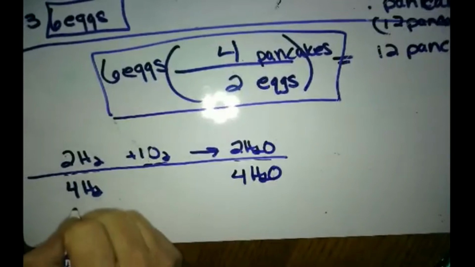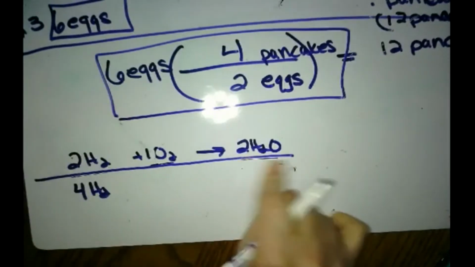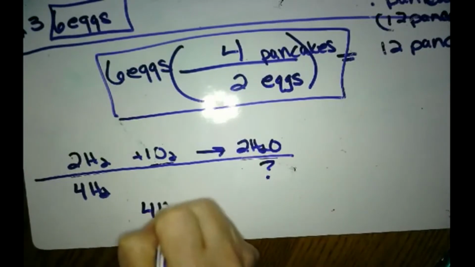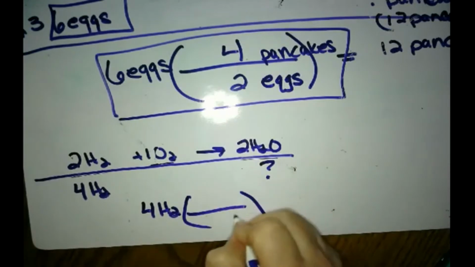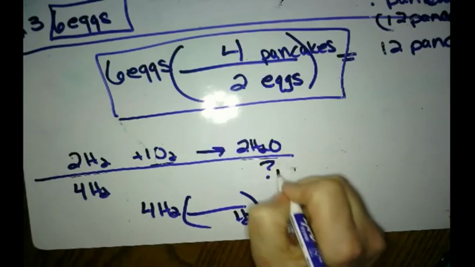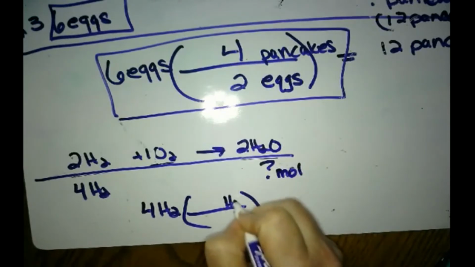So what did they give me? They gave me 4 hydrogens, and we didn't know how much. We wanted to figure this out. That's our question mark. We write down our given hydrogens. Do I want hydrogens? Am I figuring that out? Nope. So let's get rid of it. And I'm looking for moles of water. Okay, so that's H2O.